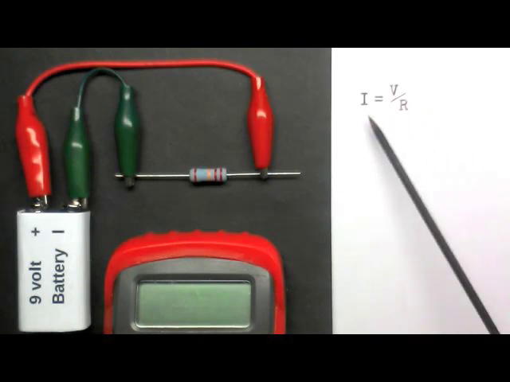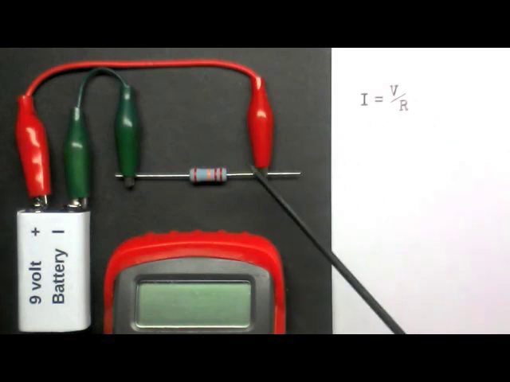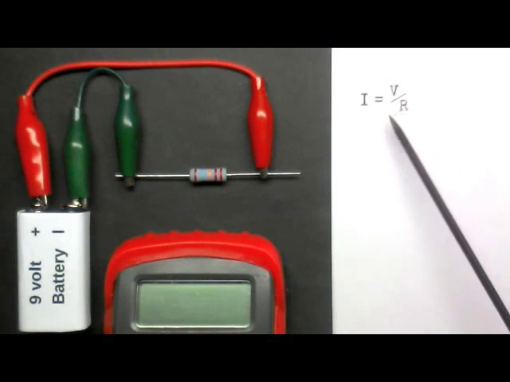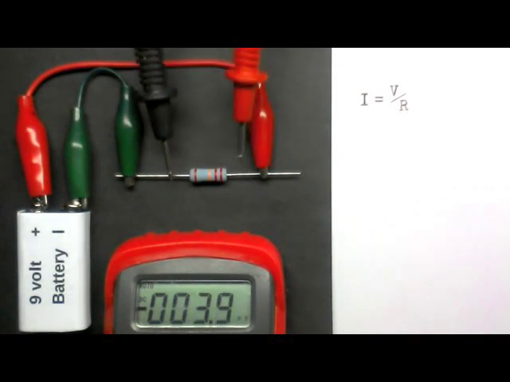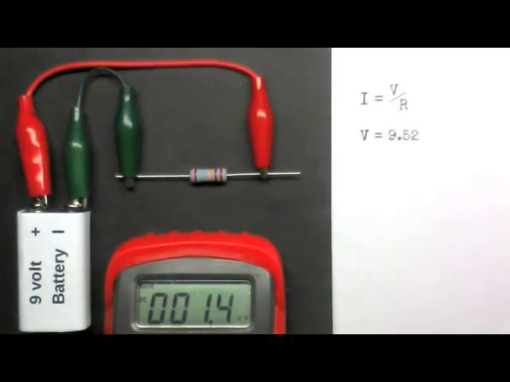The value by itself, in this case current, is the unknown value. We'll measure the voltage and the resistance and calculate the current. We'll start by measuring the voltage across this resistor and then the resistor itself and plug them into this formula to calculate the current. And we have 9.52 volts.